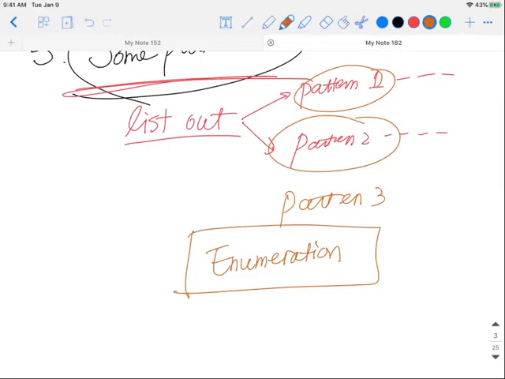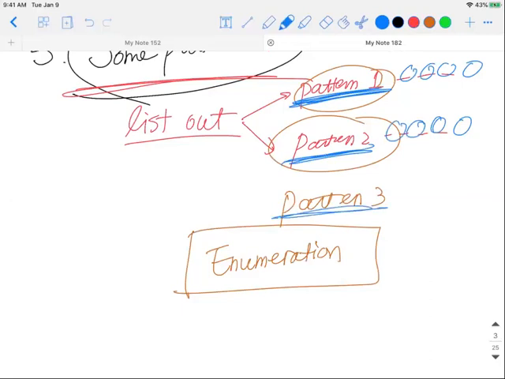Okay, so based on my explanation, maybe you already figure out something. Whenever you do the enumeration, the most important thing or the million-dollar question for you guys is try to find out what is the pattern 1 and what are those representatives for pattern 1. What is pattern 2? And what are the members for pattern 2? So on and so forth. What is pattern 3? And what are the members for pattern 3?